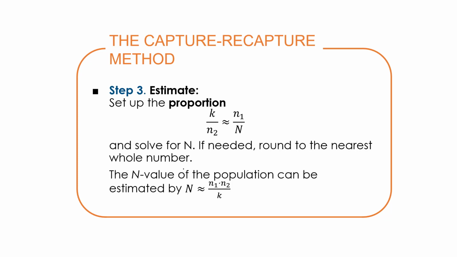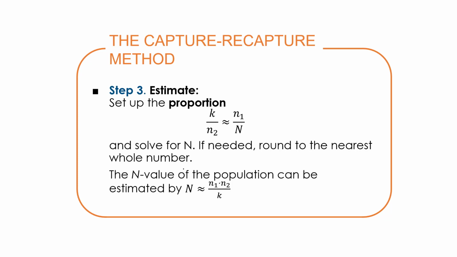Step 3, estimate. Set up the proportion that the ratio of the tagged k to the total n2 should be the same for the two populations, and solve for n. If needed, round to the nearest whole number. The n value of the population can be estimated by n is approximately n1 times n2 divided by k.